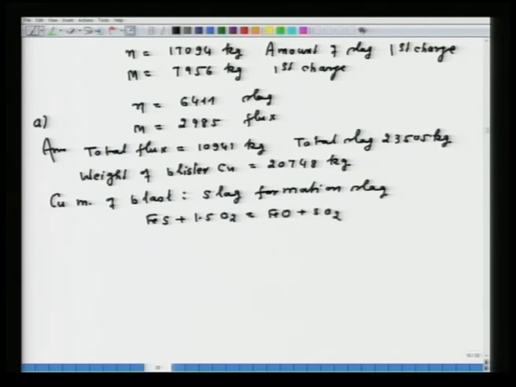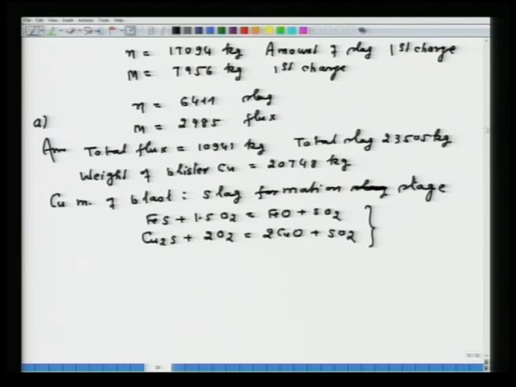So, the chemical reaction is this. Another reaction is Cu2S plus 2O2 equal to 2CuO plus SO2. These are the two reactions occurring in the slag formation stage, where I think I wrote a mistake here. You can put it as slag formation stage.